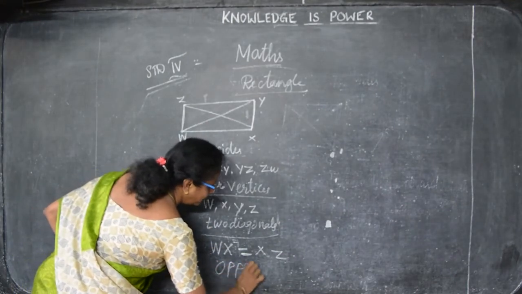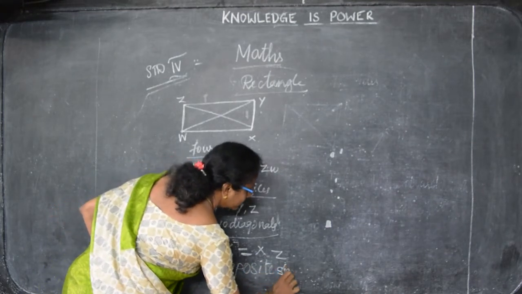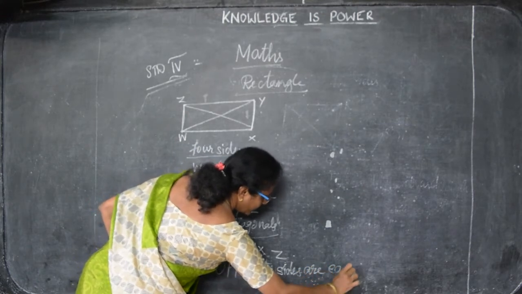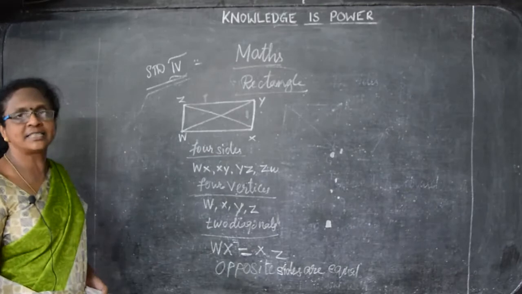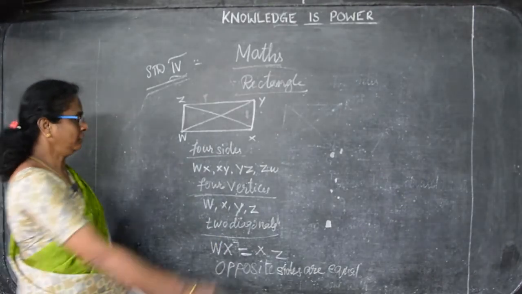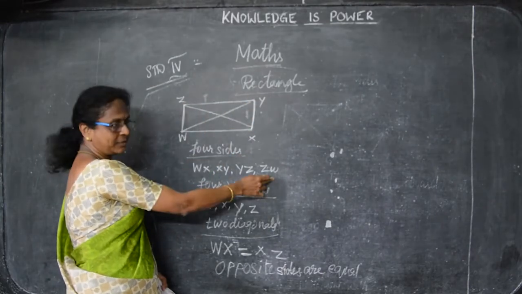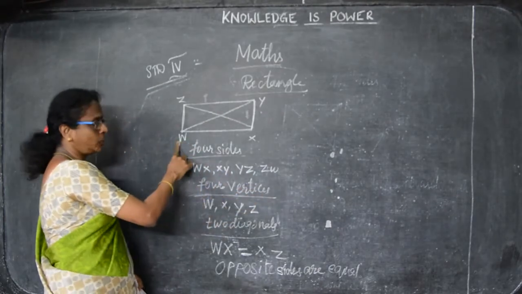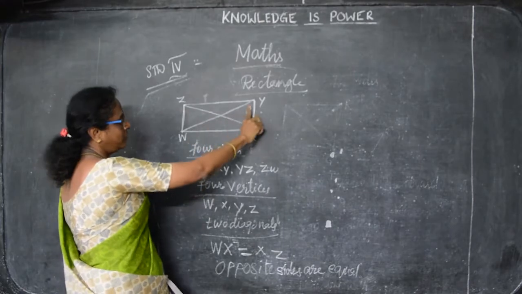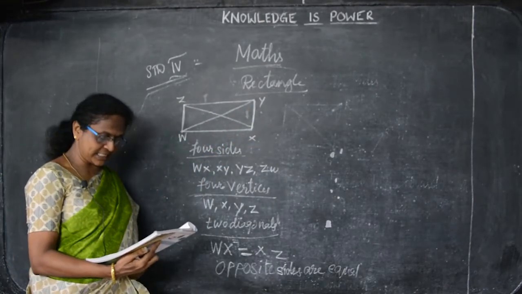These are the properties: opposite sides are equal. So four sides WX, XY, YZ and ZW, and four vertices W, X, Y, Z. Then two diagonals WY and XZ, and opposite sides are equal in a rectangle.